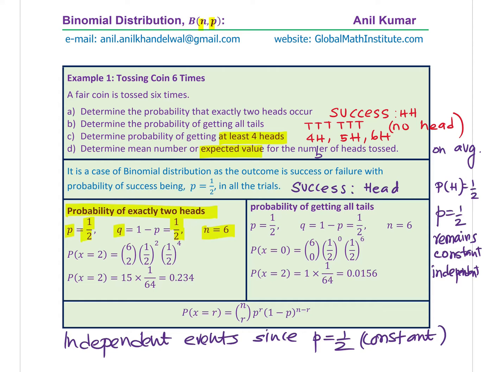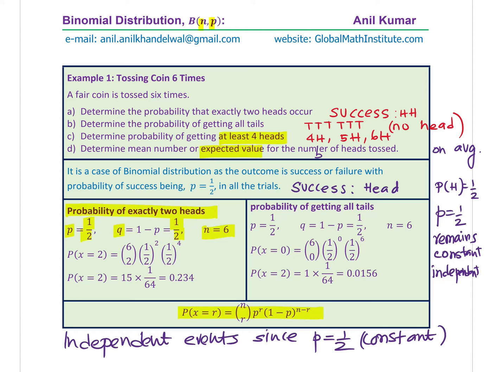So we are trying to find the probability of 2 heads in 6 trials. It will be 6 choose 2 heads out of 6, where the probability of getting a head is half, squared, and not getting a head 4 times is half to the power of 4. What we have done is apply the binomial probability formula, which is n choose r, p to the power of r times 1 minus p to the power of n minus r.